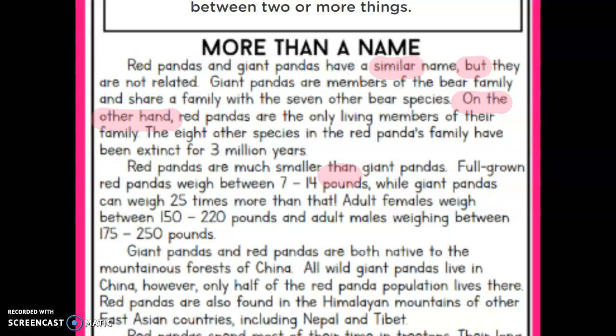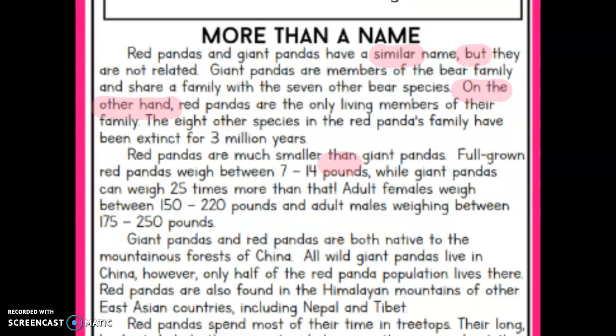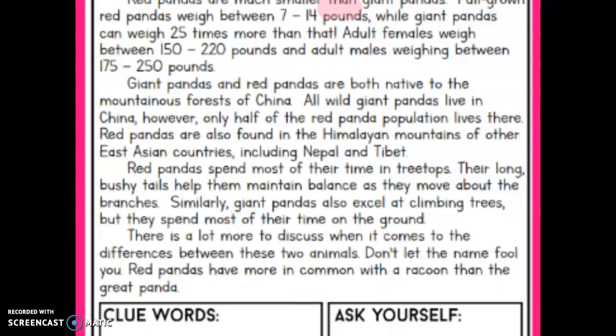Adult females weigh between 150 through 120 pounds. And adult males weighing between 175 through 250 pounds. Giant pandas and red pandas are both native to the mountainous forests of China. Highlight both.